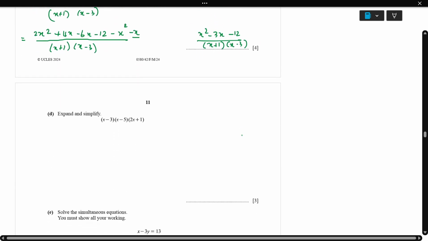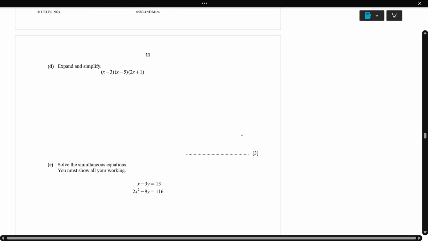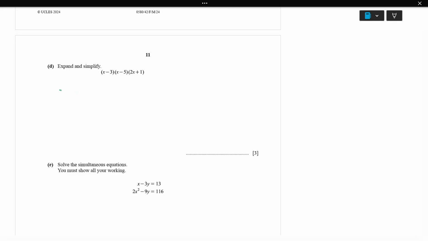The next question, expand and simplify. I'll expand x minus 3 and x minus 5 first: x square minus 5x minus 3x plus 15, into 2x plus 1. First I'll simplify this one, it will be easy: x square minus 8x plus 15, into 2x plus 1.